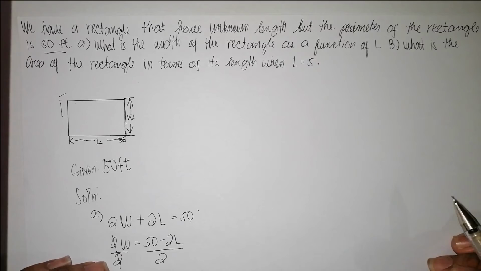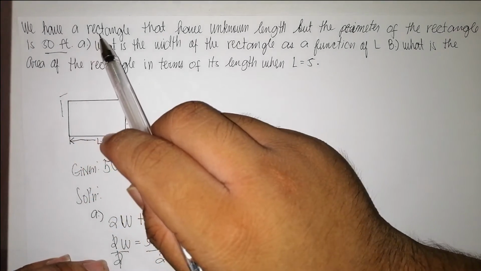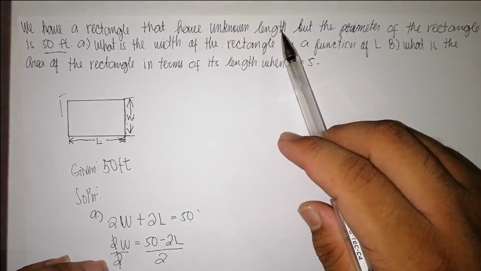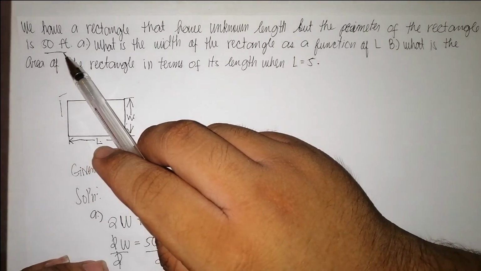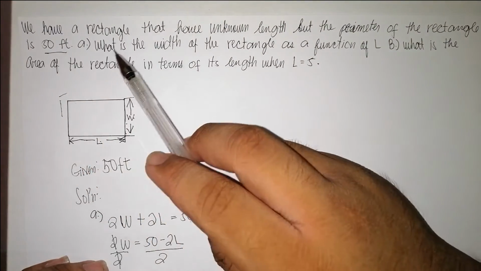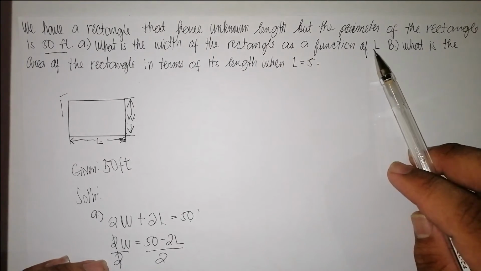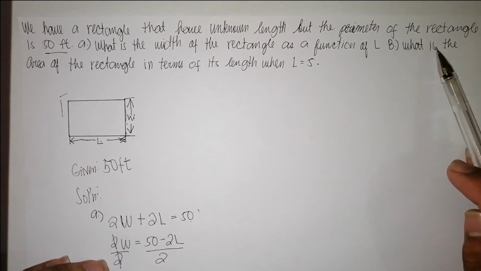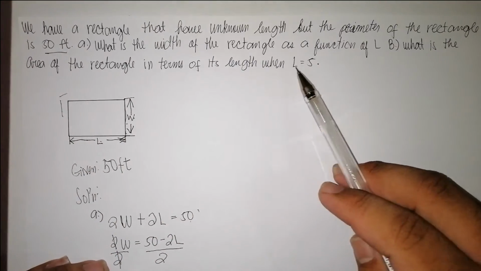So hello everyone, we have this problem. We have a rectangle that has an unknown length, but the perimeter of the rectangle is 50 feet. So for question A, what is the width of the rectangle as a function of L? And for question B, what is the area of the rectangle in terms of its length when L is 5?